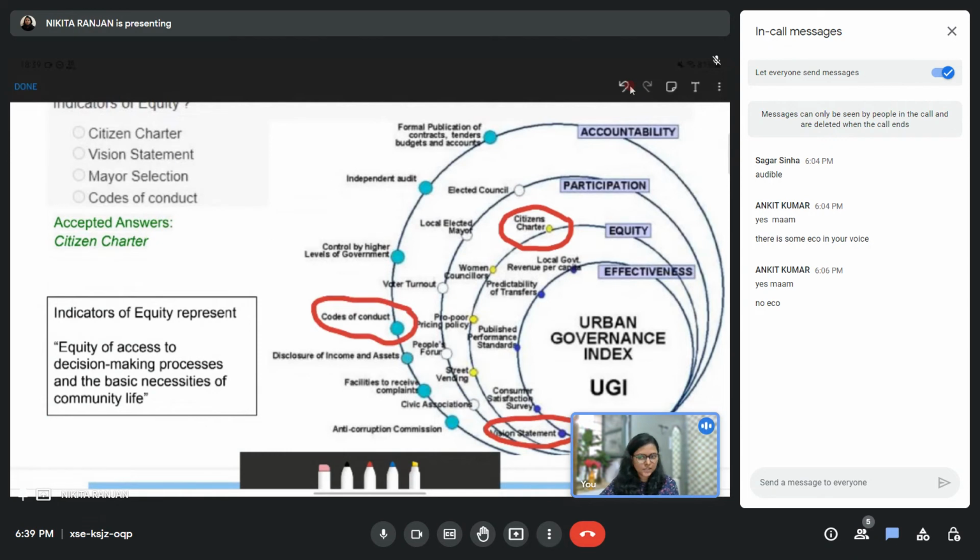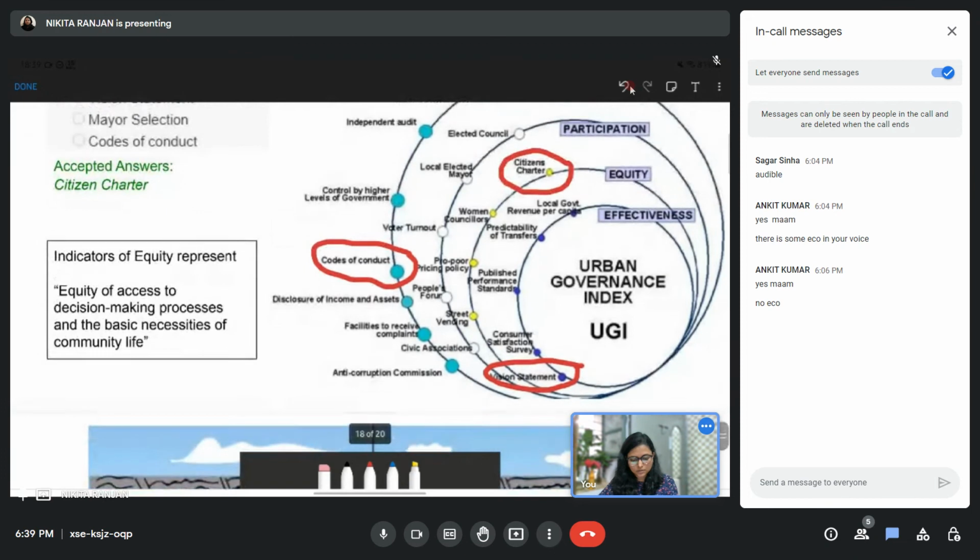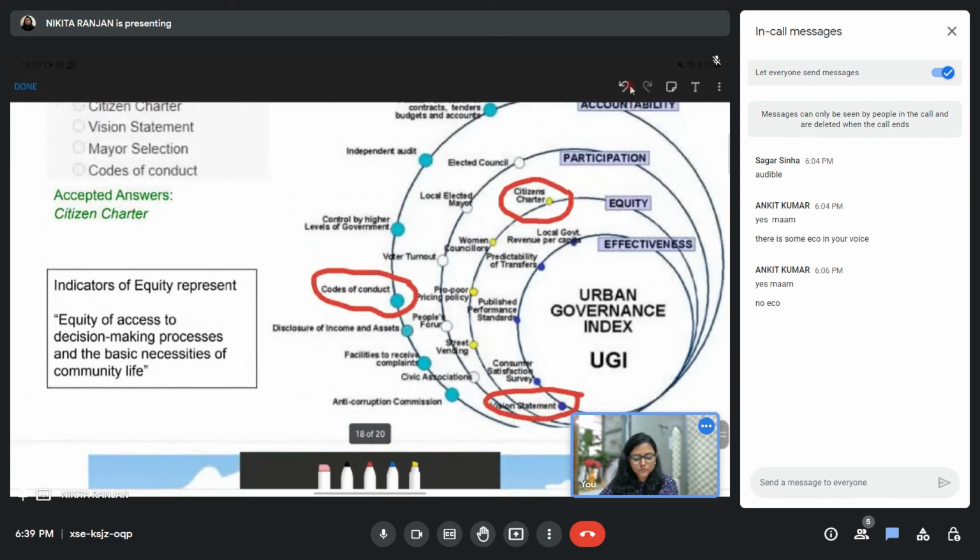I'm just explaining a little bit what equity means so that you are more clear on why the indicators which fall under the head of equity fall there. The indicator of equity represents equity of access to decision-making processes and basic necessities of community life.